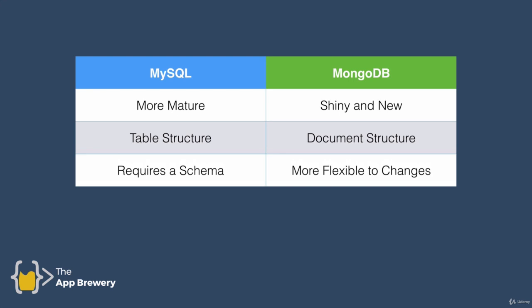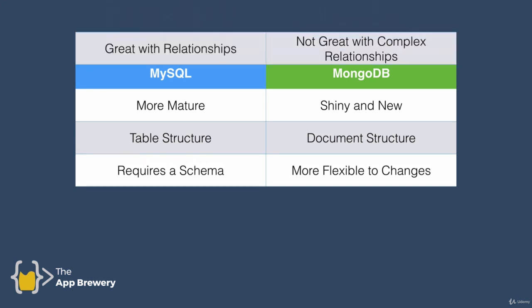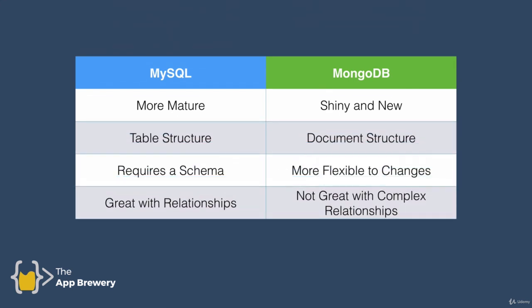But as we saw earlier on, if you need to store data with a lot of relationships between the data, then a SQL database will work out to be much faster when you query through your database. Whereas with something like MongoDB, it can manage simple relationships, but it's really not great when those relationships start to get complex. And when you have data in MongoDB that's linked up with complex relationships, the speed and efficiency can quickly go down.